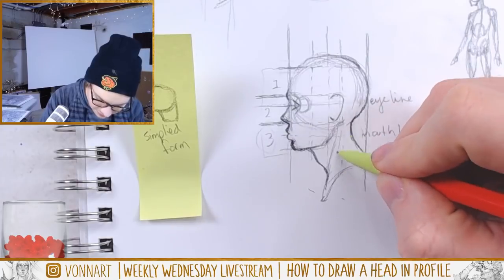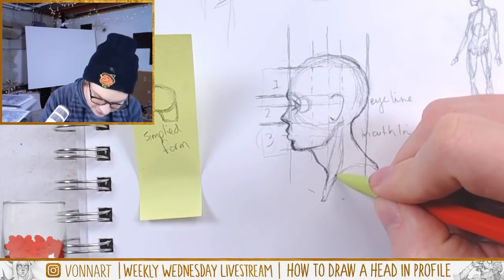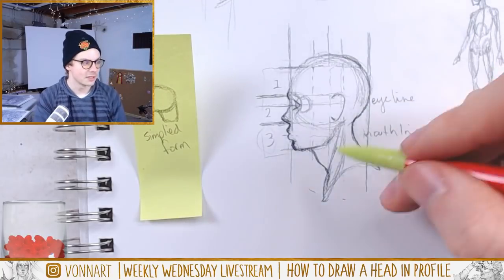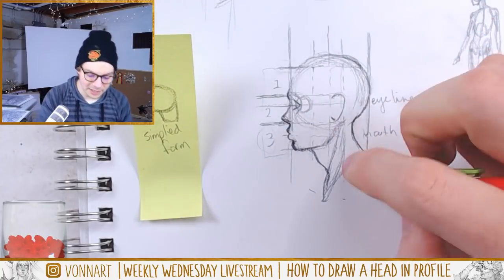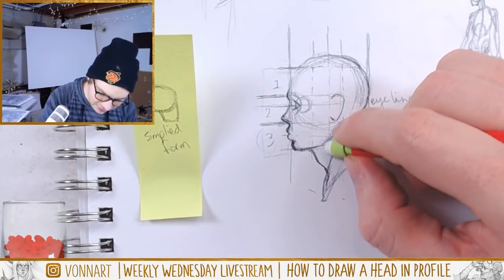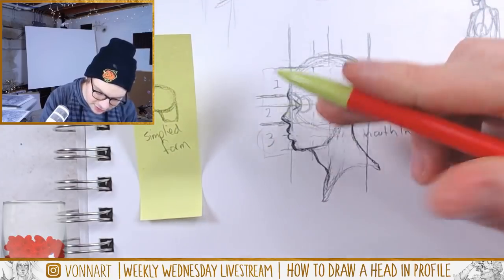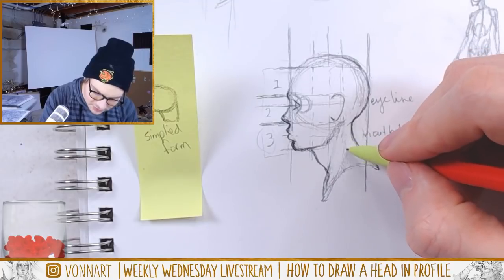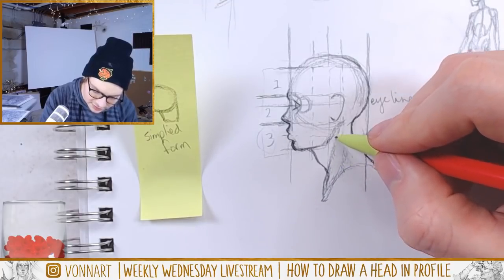So you'll see a lot of people, maybe not as strong and bold as these lines here, but they'll have that in mind and then they'll do it softly, or they'll just shade it ever so softly, like imply those bumps and grooves in the skin.